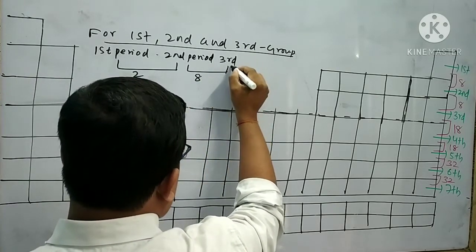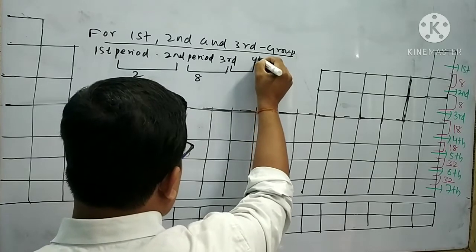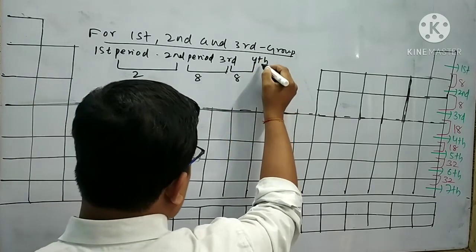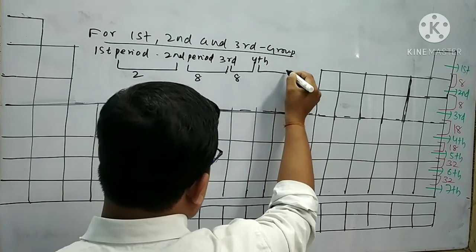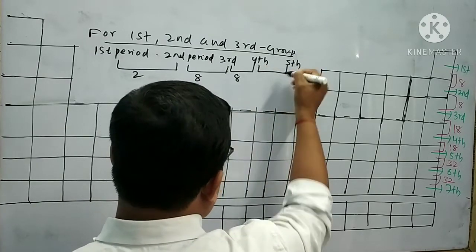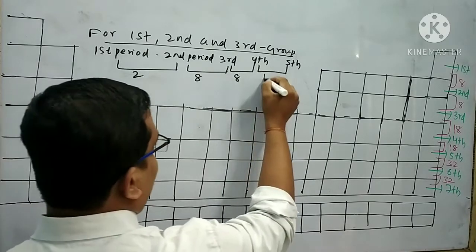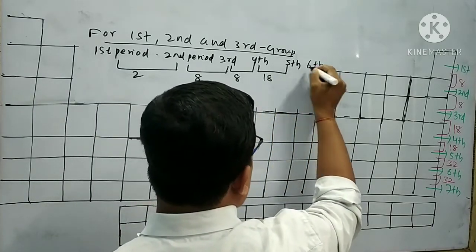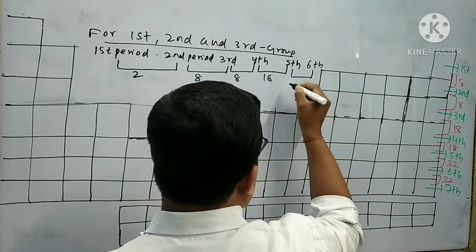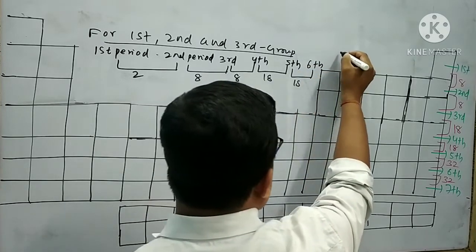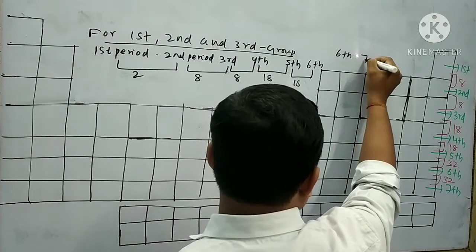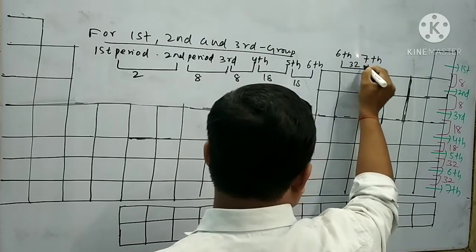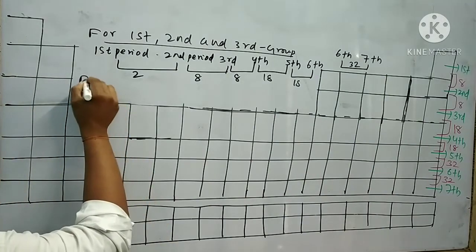Next, from the third to the fourth period, we generally use 8. From the fourth period to the fifth period, we generally use 18. From the fifth to the sixth period, we generally use 18. From the sixth period to the seventh period, we generally use 32.